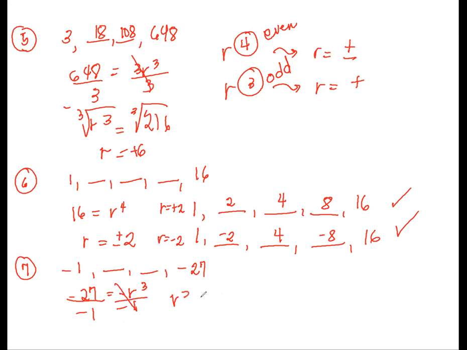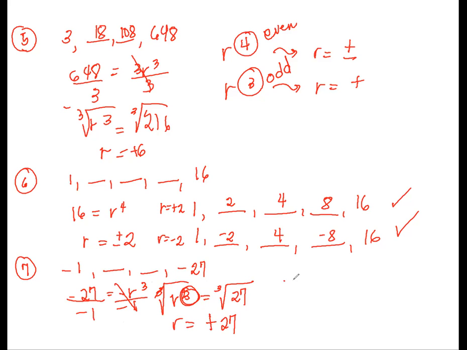So R cubed is equal to positive 27, and you have to get the cube root. Since you get the cube root, our R now is equal to positive 3, since the exponent of our R is odd.